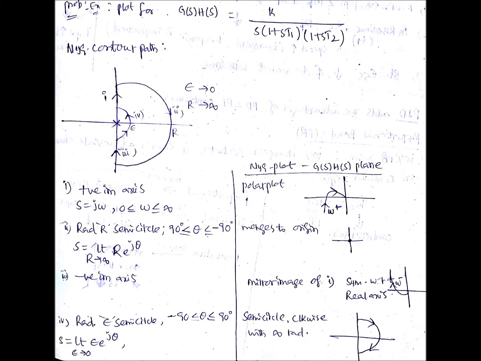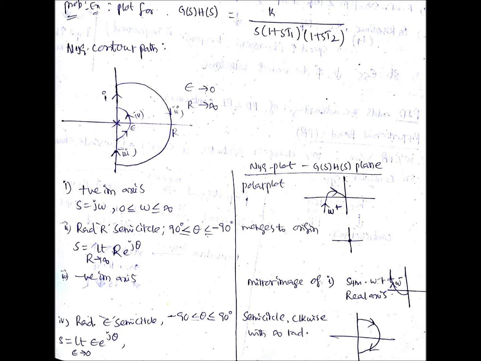Second, theta varies from 90 degrees to minus 90 degrees. Third is the negative imaginary axis, where omega varies from minus infinity to 0. Fourth, excluding the poles on the imaginary axis, is the epsilon semicircle, where epsilon is the radius and theta ranges from minus 90 degrees to plus 90 degrees.